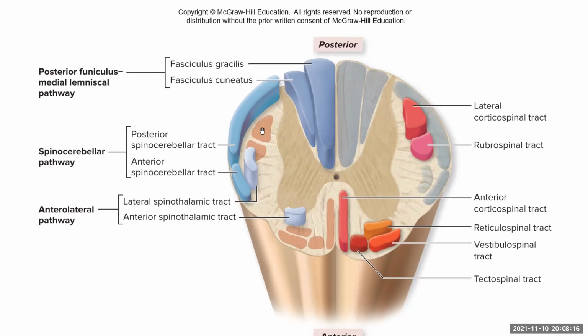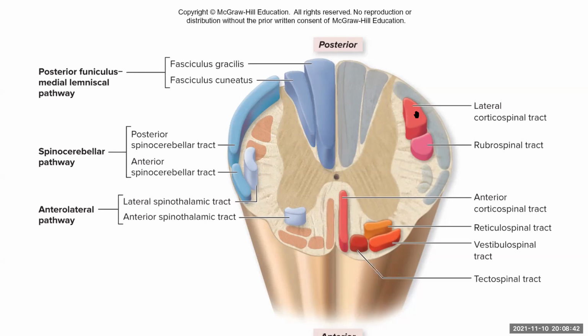On the lateral portion here, this is going to be the lateral funiculus. Again, we've got various tracts here. Remember our posterior and anterior spinocerebellar tracts, our lateral and anterior spinothalamic tracts.